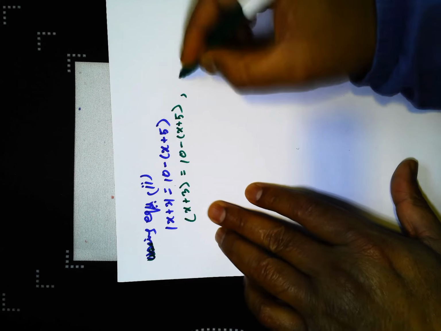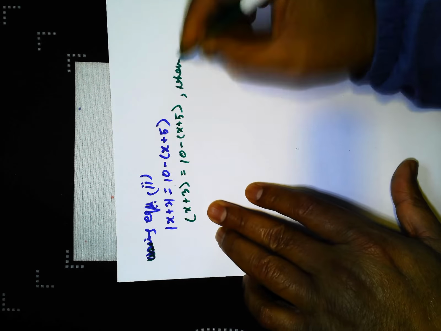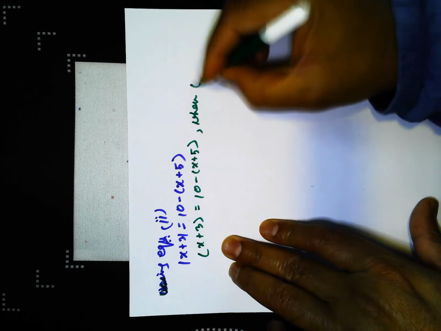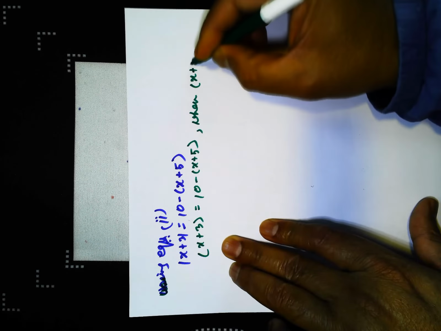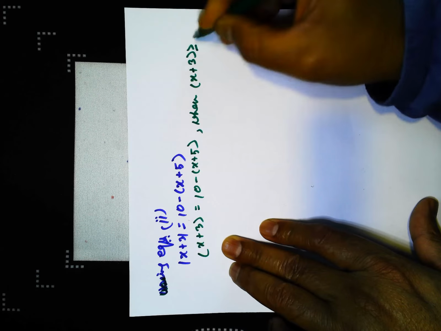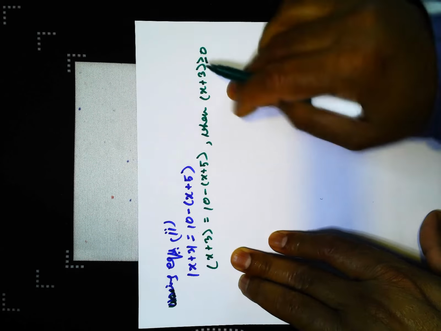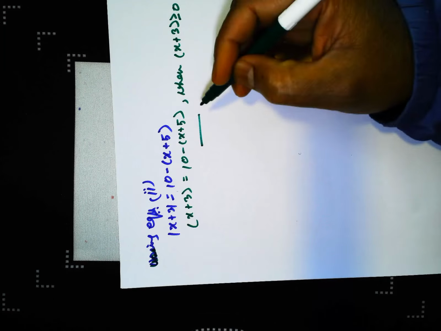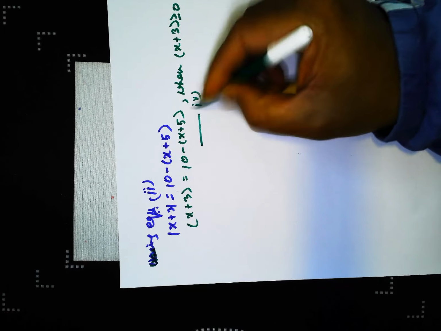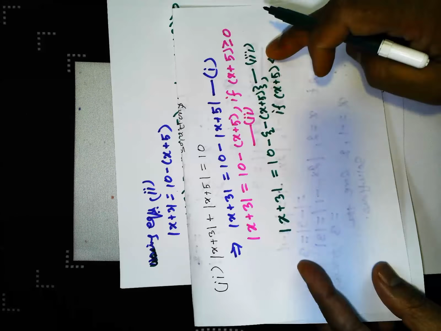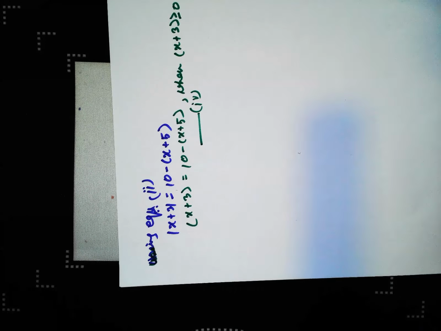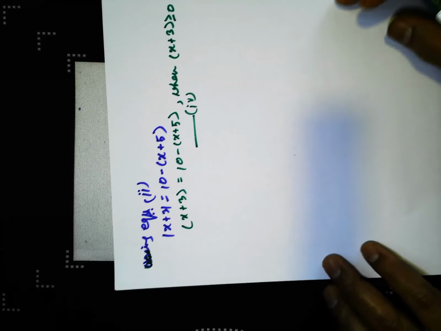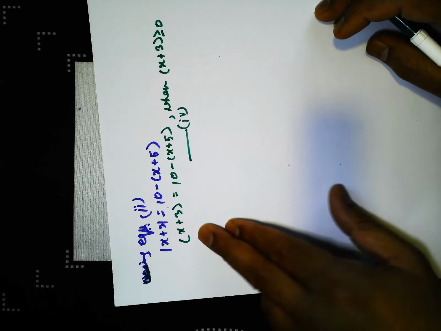So here the condition is when x plus 3 is greater or equals to 0, that is x plus 3 is positive. And you can name this equation as 4 because up to 3 we have already used here. So equation 4.